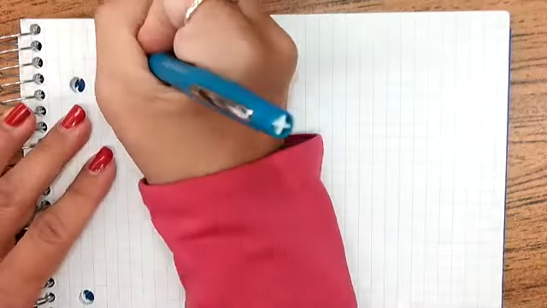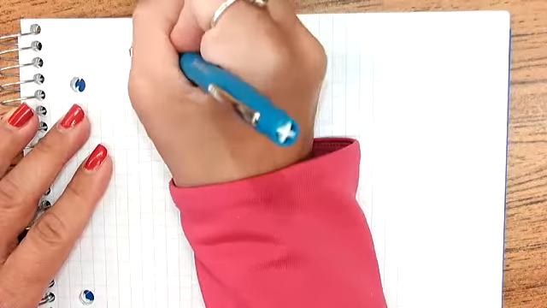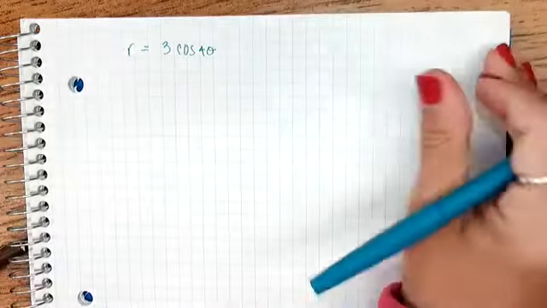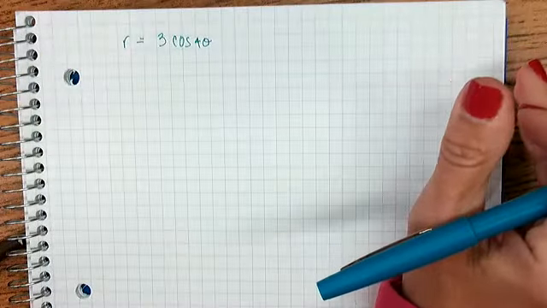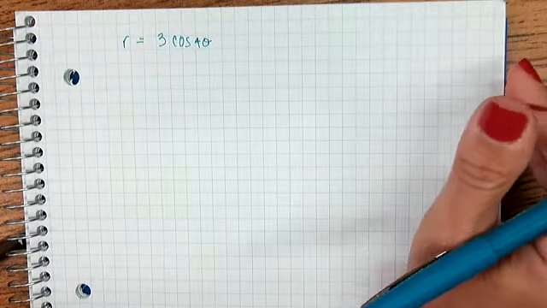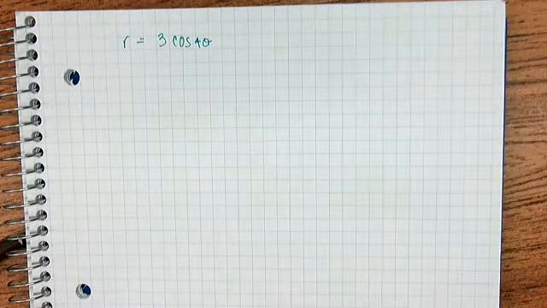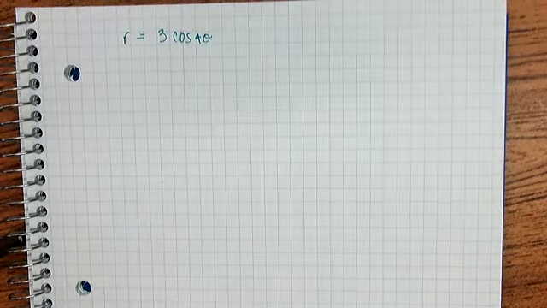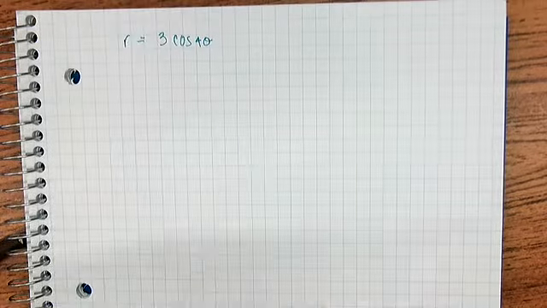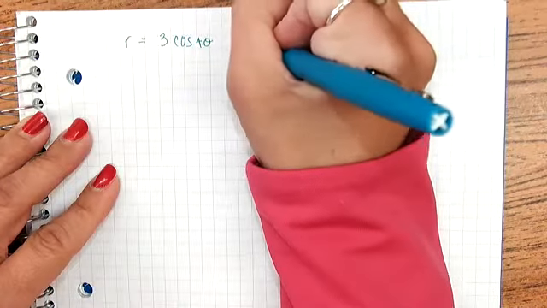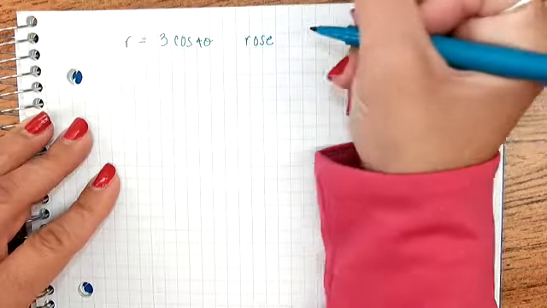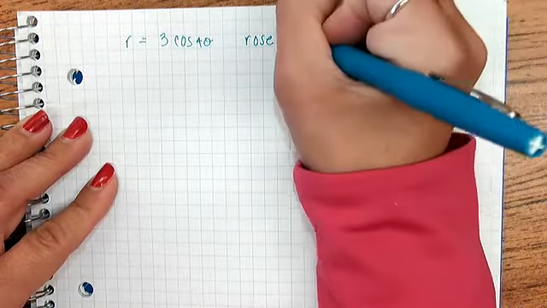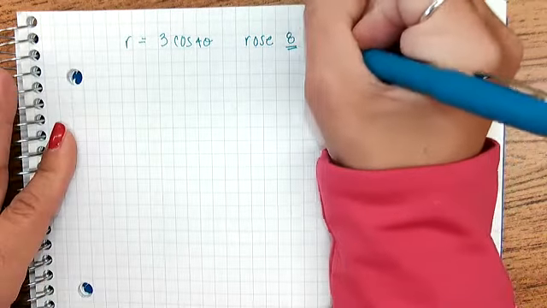Let's look at r equals. This is a rose with 8 petals.